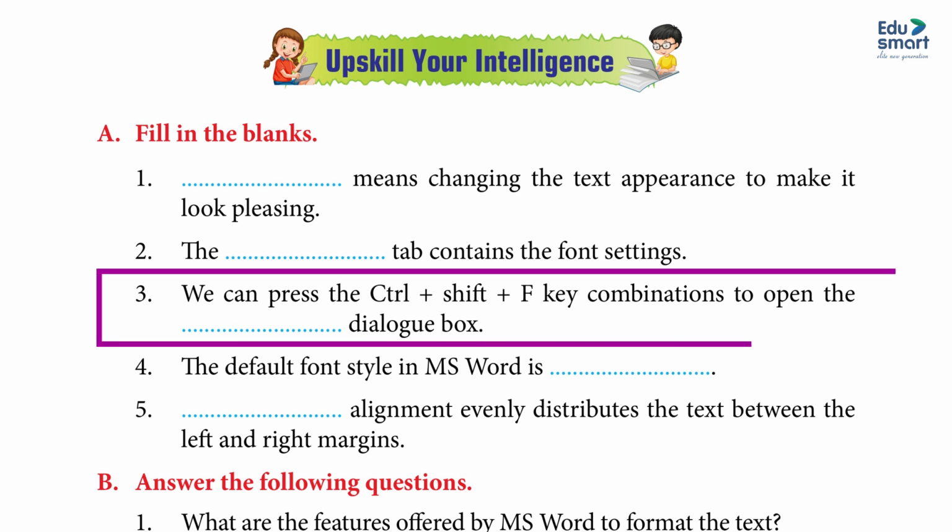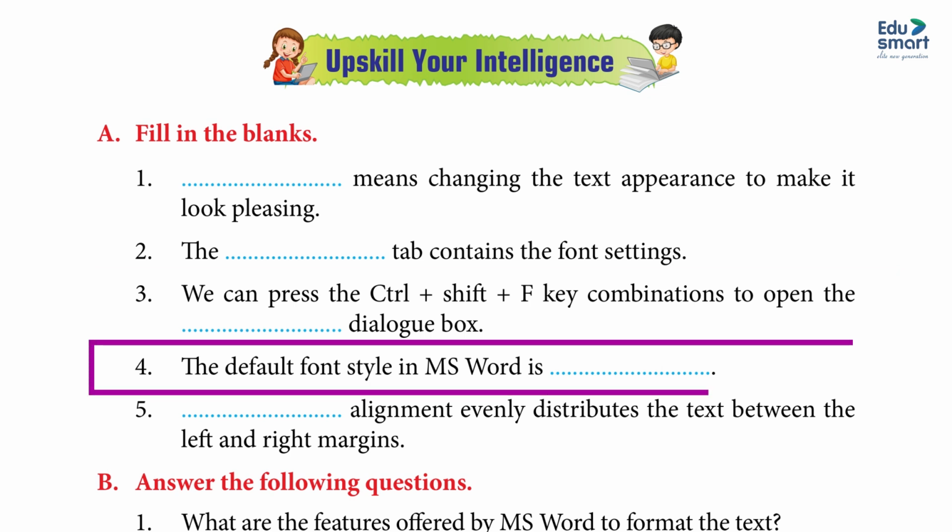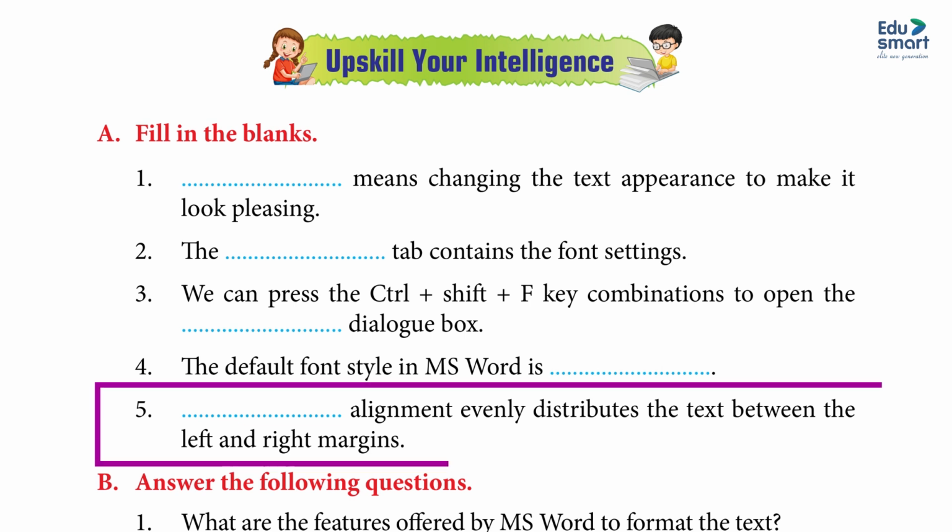We can press the Ctrl-Shift-F key combination to open the dash dialog box. Answer: font. 4. The default font style in MS Word is dash. Answer: Calibri. 5. Dash alignment evenly distributes the text between the left and right margins. Answer: justify.